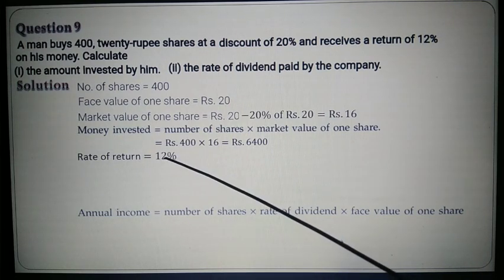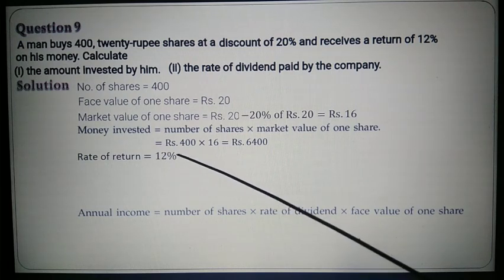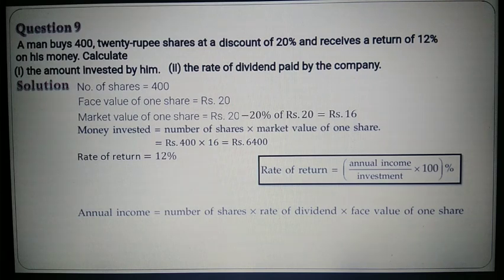As of now we have not made use of this rate of return. Now the formula which contains rate of return is this one. In this, do we have annual income? Yes, and if we find annual income from here and substitute it here, then we'll be able to calculate the rate of dividend.